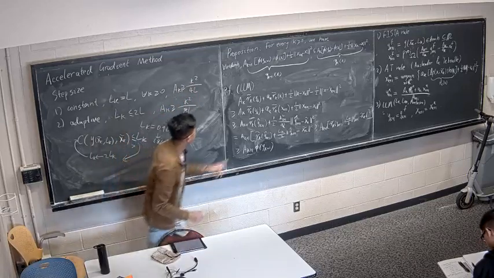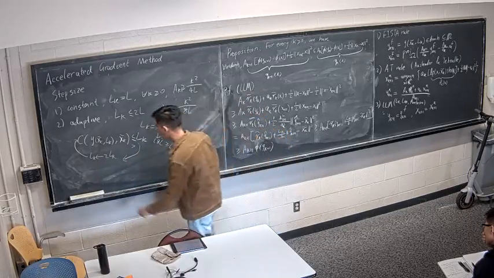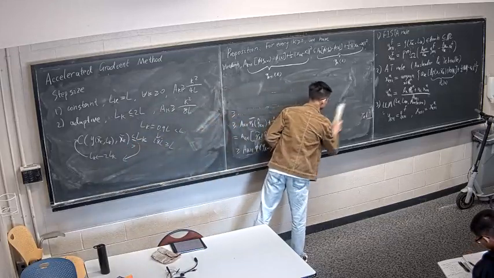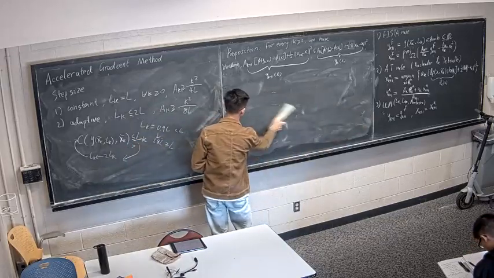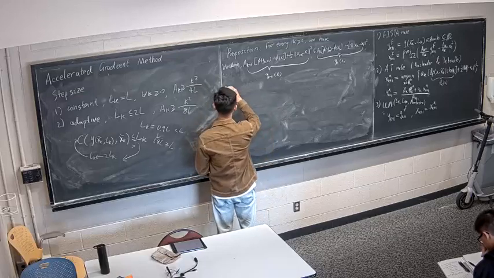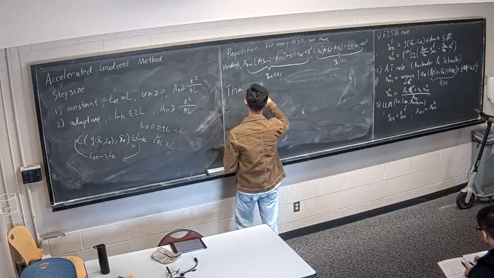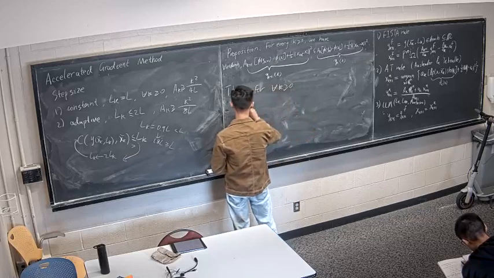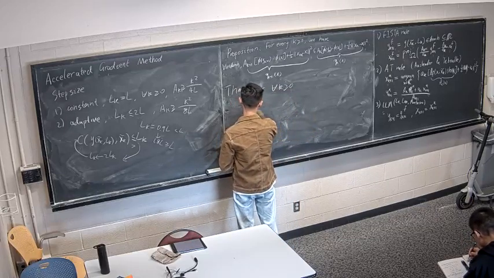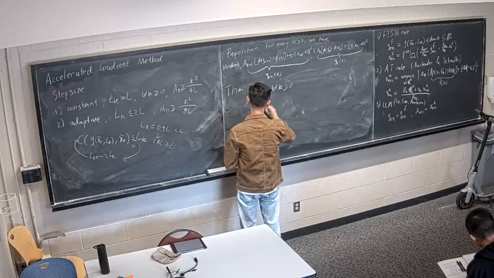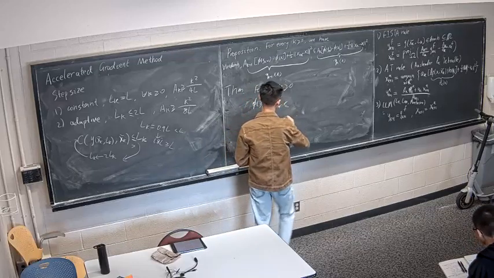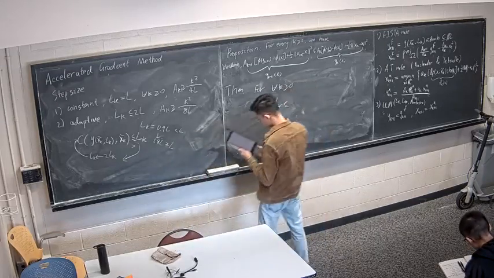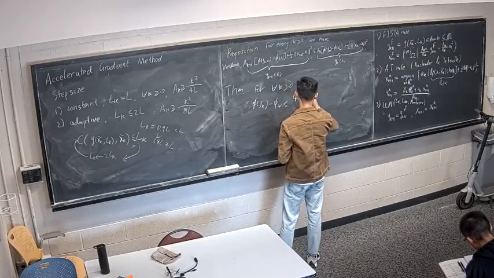And so the final statement is the final convergence: for any k, phi of yk minus phi star is bounded on the order of L over k squared.